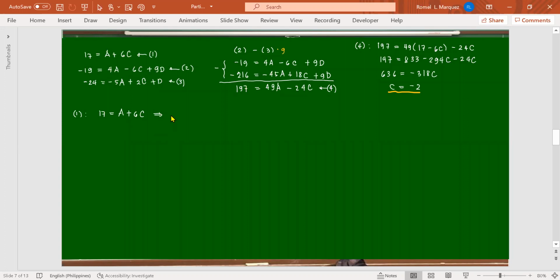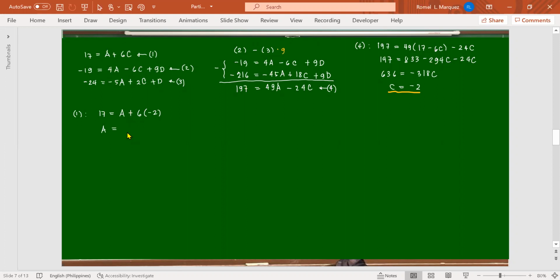So this equation gives us A equals... but what is A again? Sorry, let's substitute. So A we are solving, but C is what? Negative 2. So A therefore is 17 plus 12, 29. Am I right? 29?